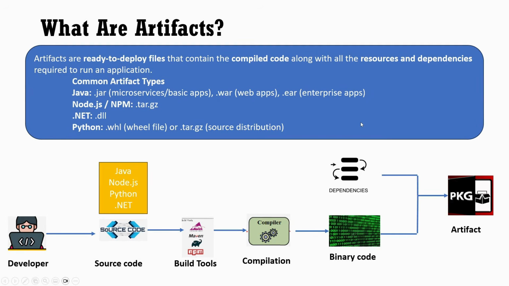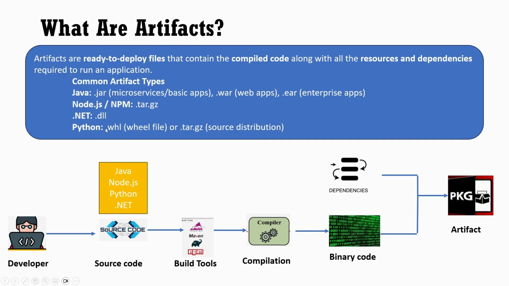If we talk about the examples of artifacts, depending on the technology or language, artifacts may look different. For Java-based applications, those can be .jar for Java applications and microservices, .war for web-based applications, .ear for enterprise application archive. For Node.js applications, those can be .tar.gz, and for .NET applications, .dll compiled .NET assemblies.